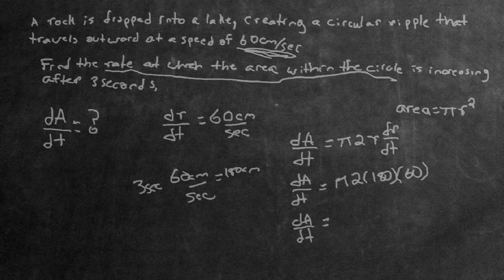And if you were to do the calculation, you would get something around 21,600 multiplied by pi. Just to keep it simple, I won't multiply pi throughout. And that is the final answer. If you want to format it properly, this would technically be centimeters squared per second. It's a rate. That is the rate at which the area was increasing after 3 seconds.